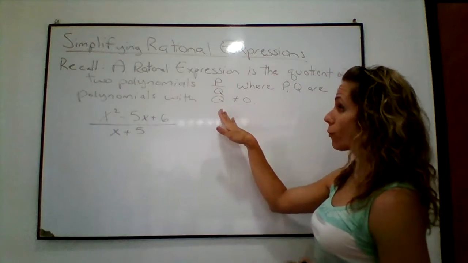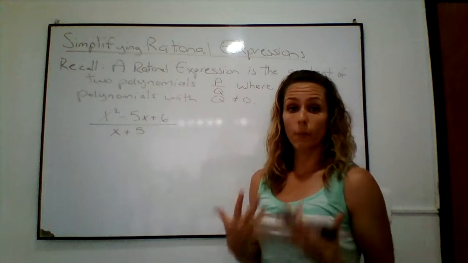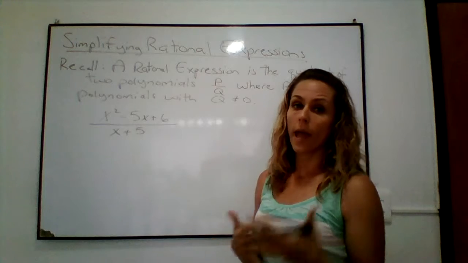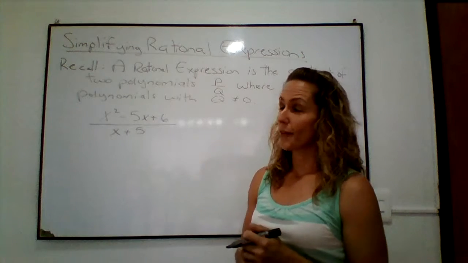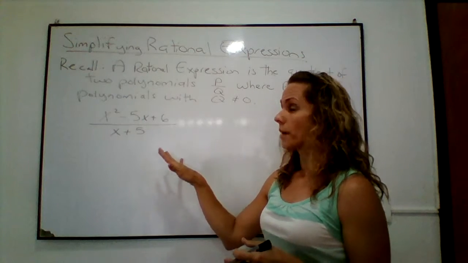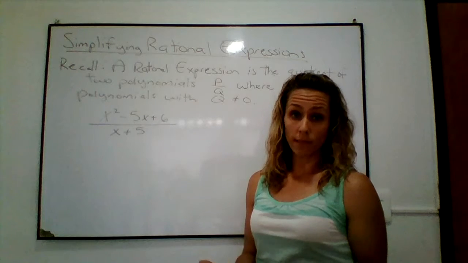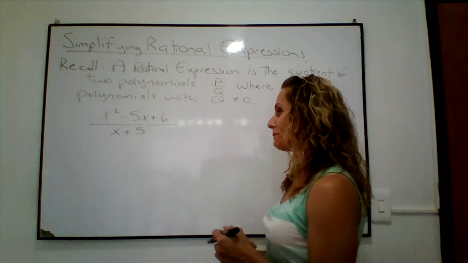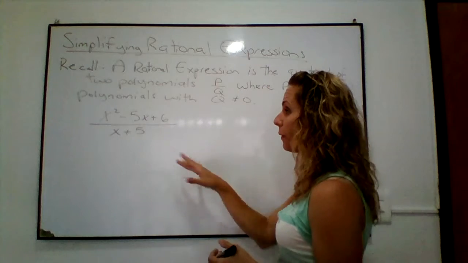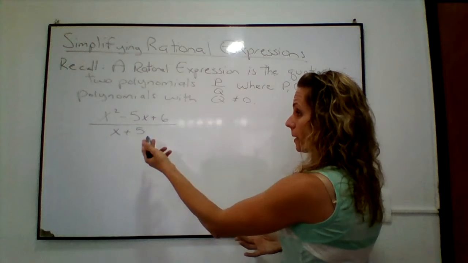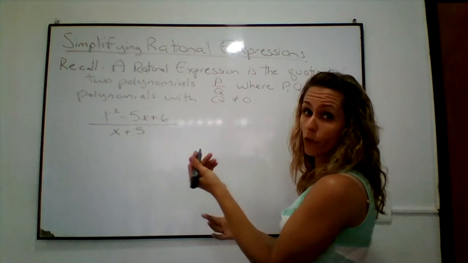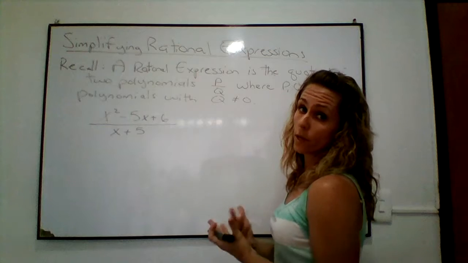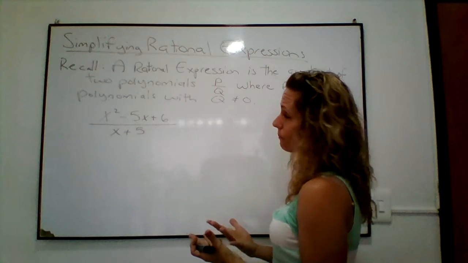The only thing we have to worry about is that Q, meaning the polynomial in the denominator, cannot be equal to 0. Hopefully you remember that's because if the denominator is 0, we'd be dividing by 0, and we know we cannot do that. Looking at this example, if we let x be -5, that would give us a denominator of 0.